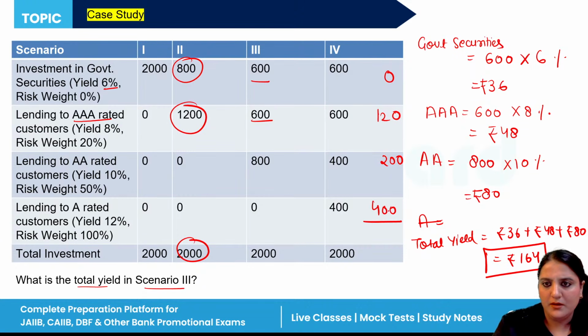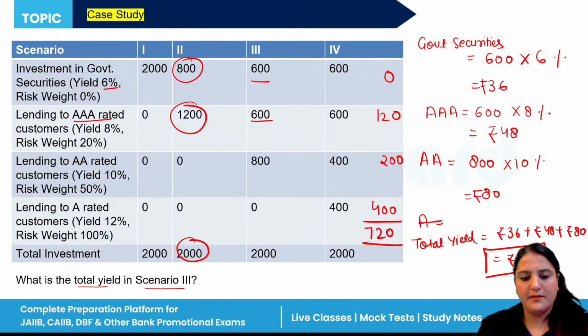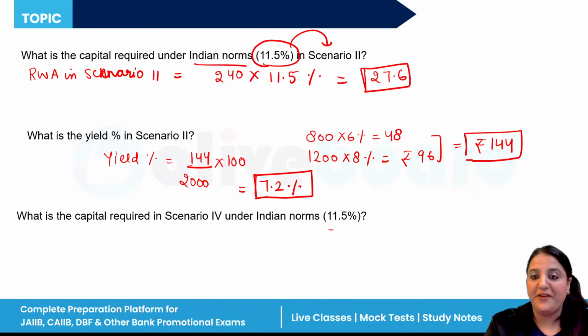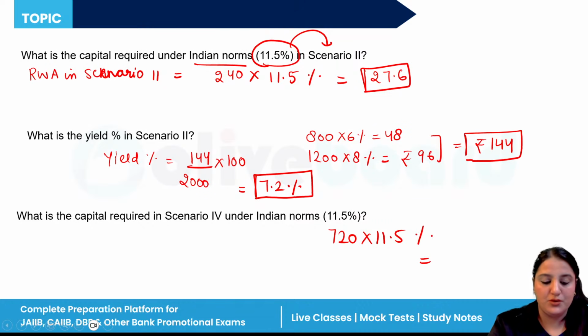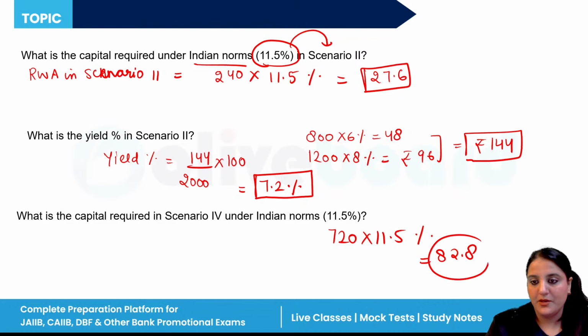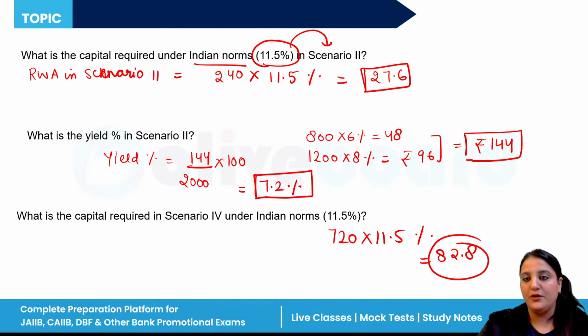What is the total? 720, right? So we have to calculate 11.5% of this 720, which equals 82.8. So rupees 82.8 is the answer. Is that clear? I hope that this is clear. Next question.